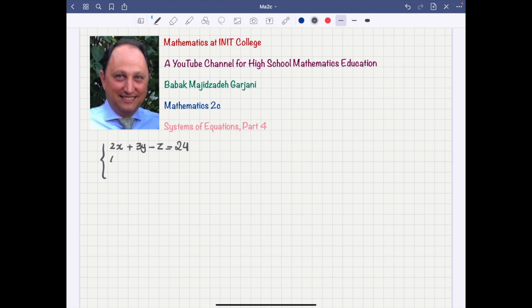And the other one is 4x plus 3z equals to 6. And then 6x minus y plus 2z equals to 22. It might be a little bit lengthy. If you have your calculator available, it's much better.